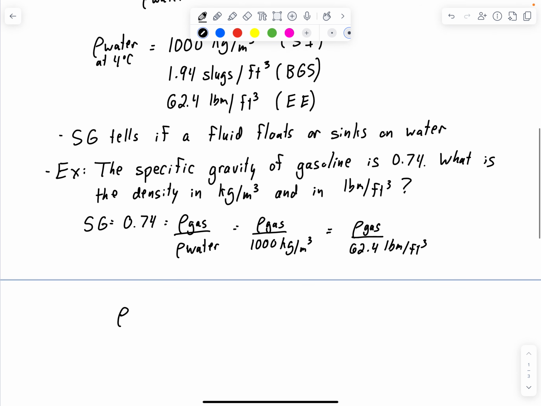So the density of gas is 740 kilograms per meter cubed, or 46.2 pounds mass per foot cubed. So this tells us, of course, that gasoline floats on top of water. Also, things like crude oil have a specific gravity of about the same amount. So that tells you that crude oil will float on top of water as well. So there we've reviewed 3 properties of fluids: the density, the specific weight, and the specific gravity.